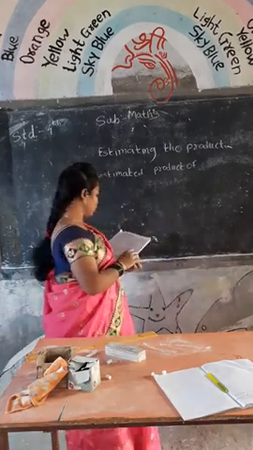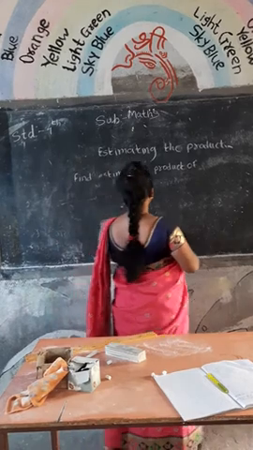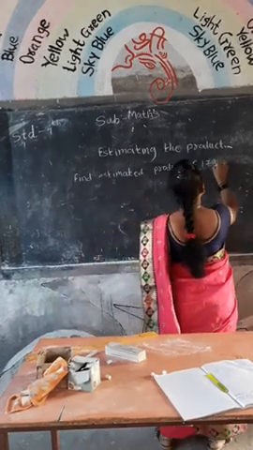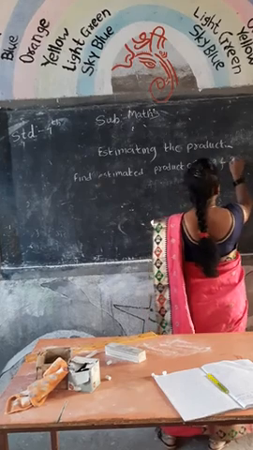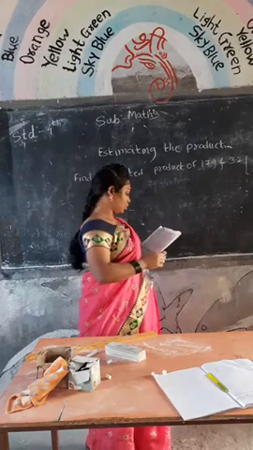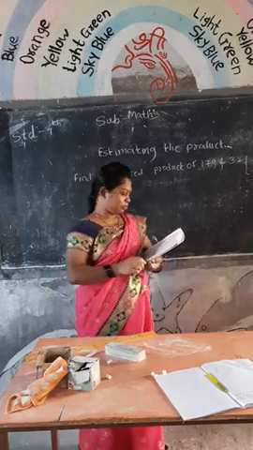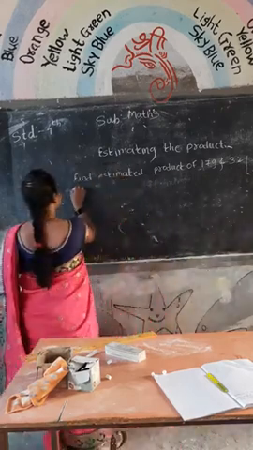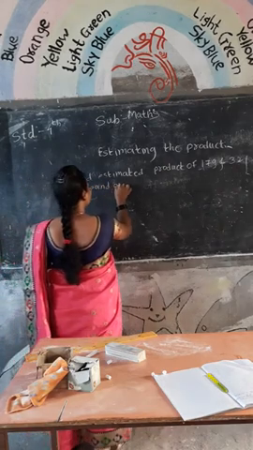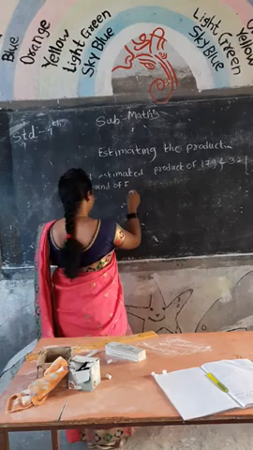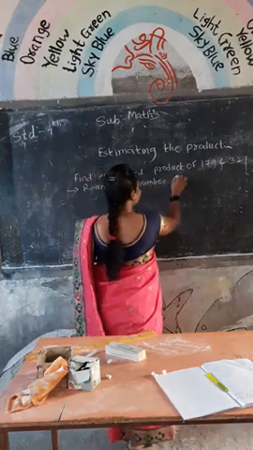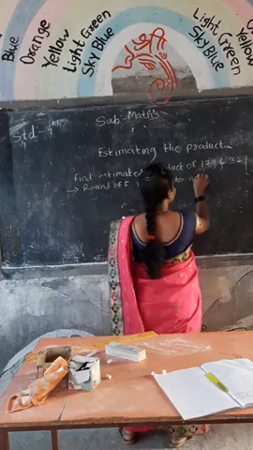Second example is find the estimated product of 179 and 321. The solution is round the numbers to the nearest hundreds.